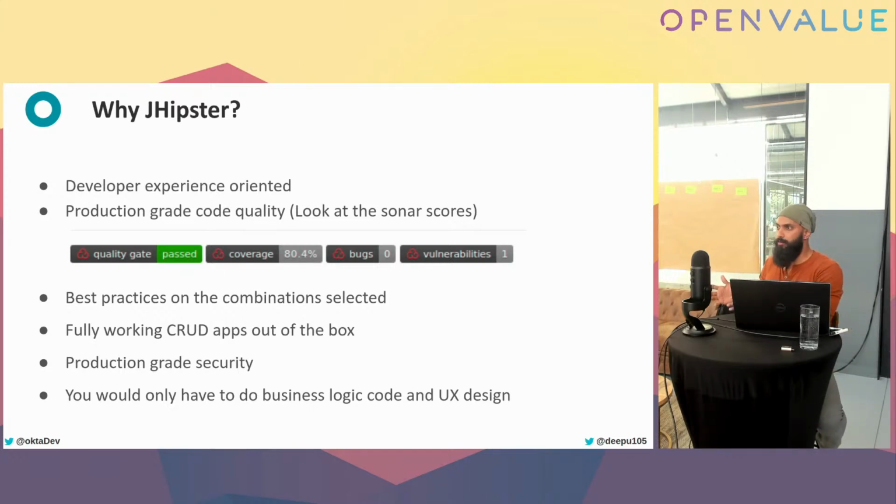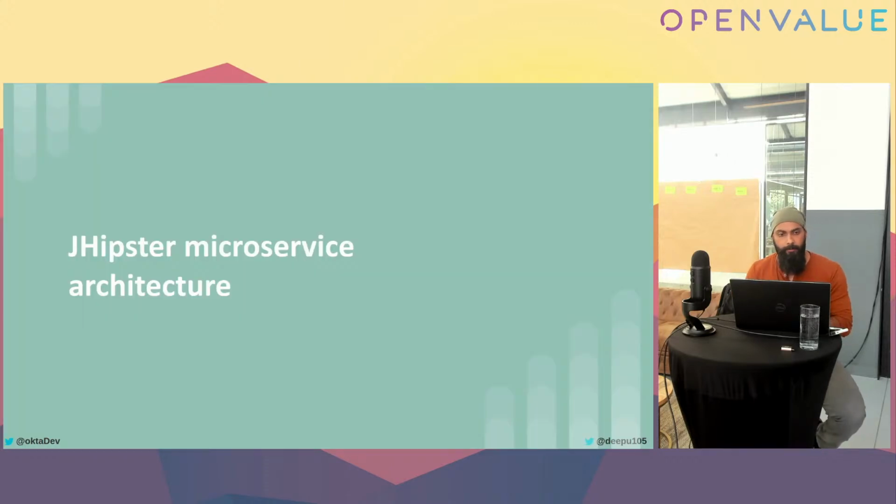Angular best practices, we follow that. So we try to keep all of that up to date. For example, when the React world started using hooks for everything, we migrated the code to start using hooks as well from the previous model. And of course, security, and ideally you could just create a project and start doing the UI and business logic. So that's the idea.